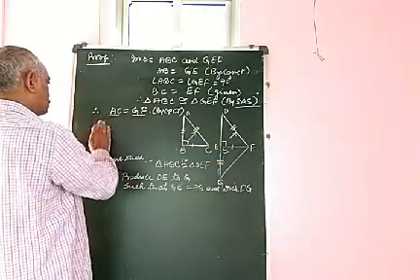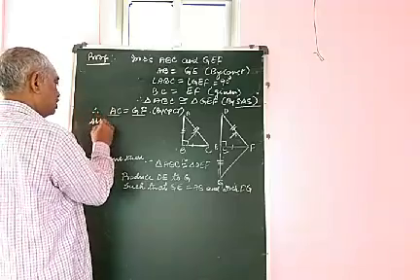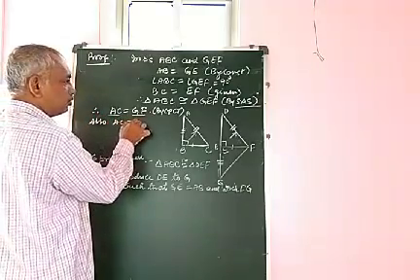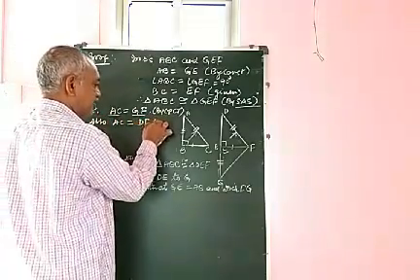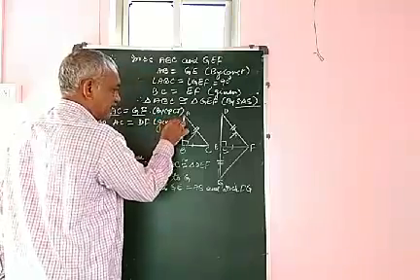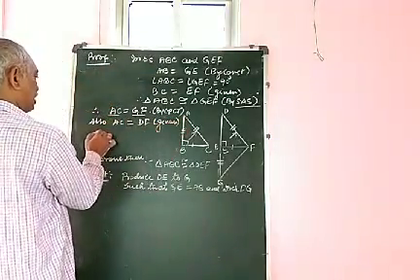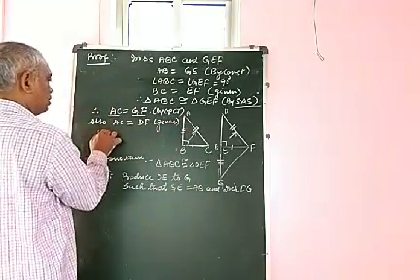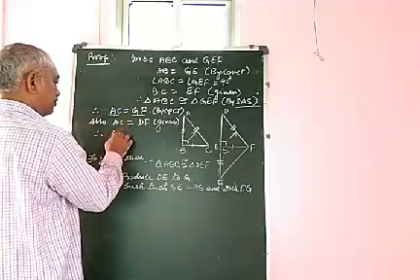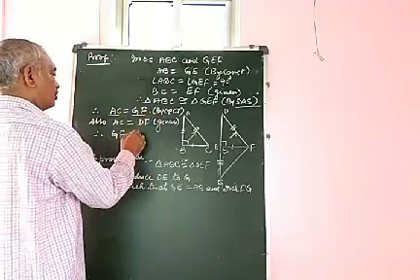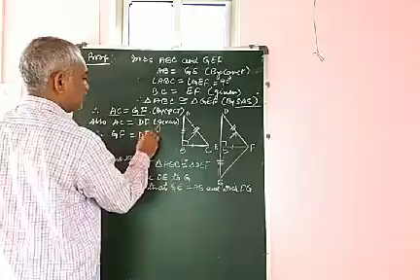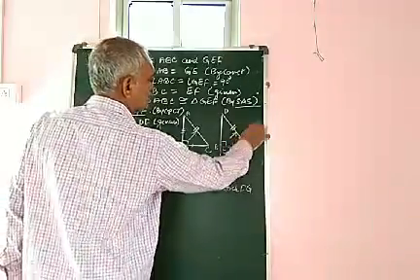And also AC is equal to DF, given. Therefore, GF will be equal to DF. So this is equal to this.